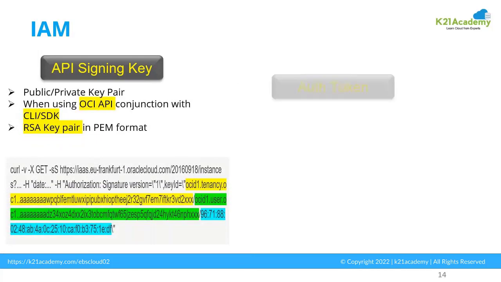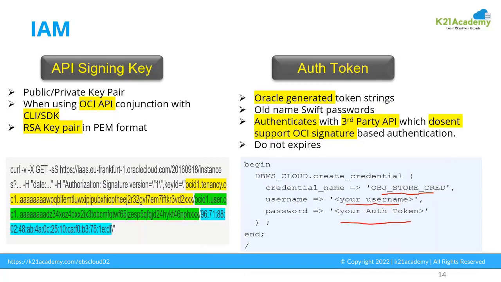We also saw earlier, in our previous session, the keys available for authentication and authorization. For identity and access management, we have the API signing key. This API signing key is nothing but a private-public key pair, and it is used for configuring your command line interfaces, so that from the command line you can interact with the resources.